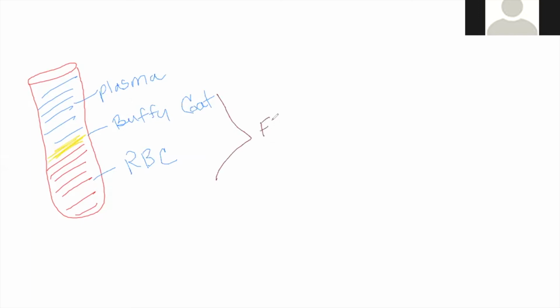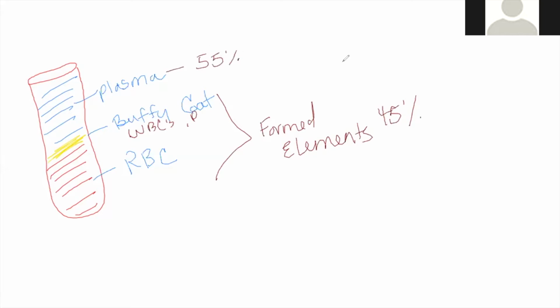So we say that the formed elements here, and remember, living in this Buffy coat, we had white blood cells and platelets. So the formed elements, we know that they make up 45% of whole blood, and then the plasma is going to make up 55%. So together, that equals 100%.